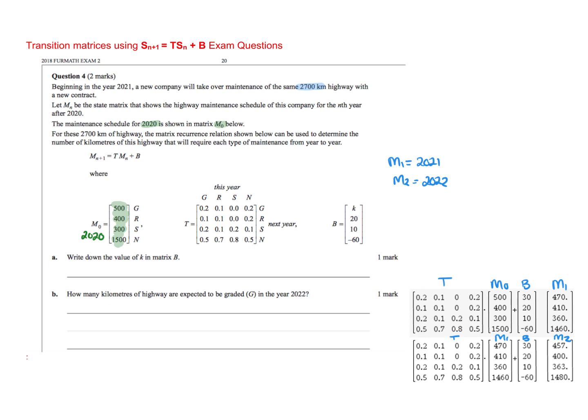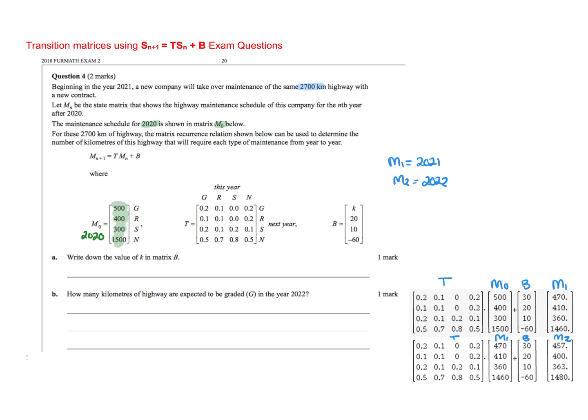For these 2,700 kilometres of highway, the matrix recurrence relation shown below can be used to determine the number of kilometres of the highway that will require each type of maintenance from year to year. So this is the year to year transition.